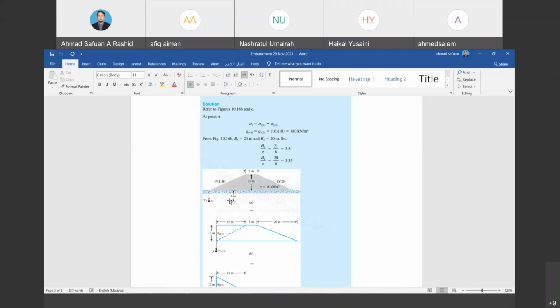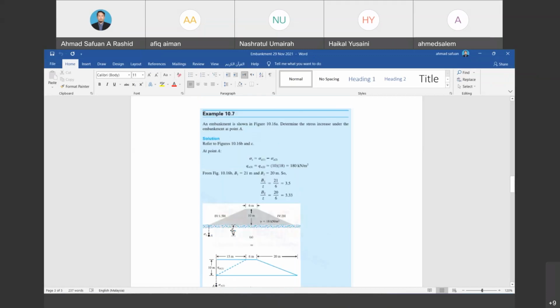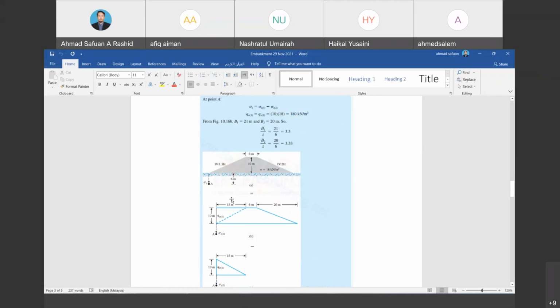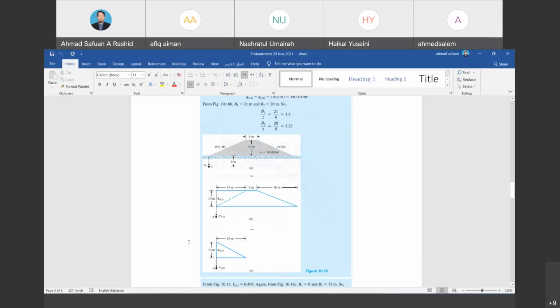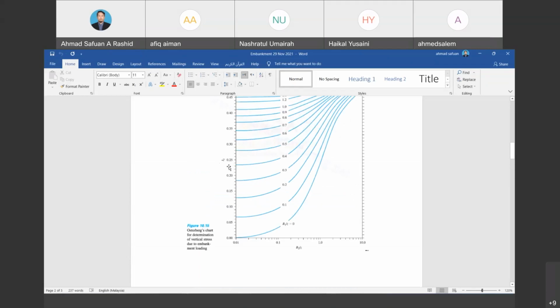So that is for the 1016B. We need to remove the area which does not exist. Logically, this portion will become like this triangle, without having any flat area, so it will represent as a C. So 3.5 for the B1 over Z, 3.33 for the B2 over Z. We may refer to this diagram to determine the I2.